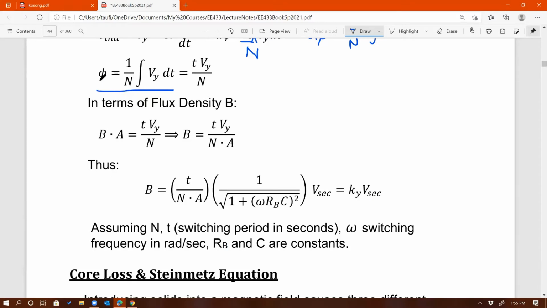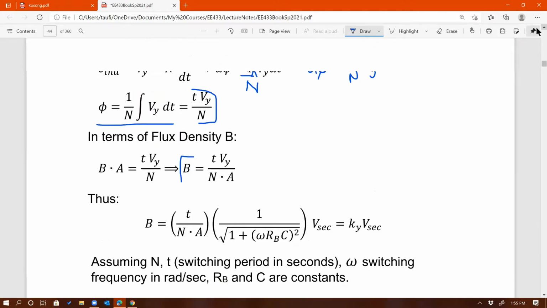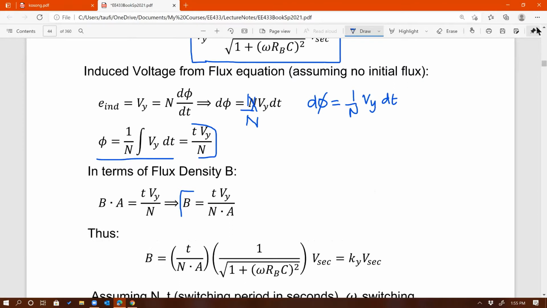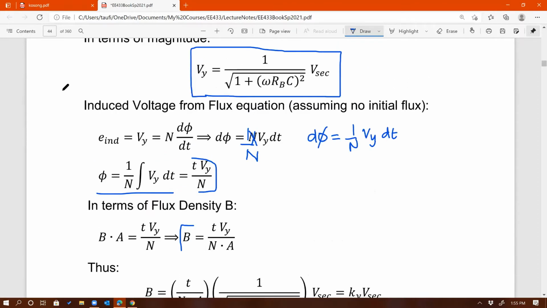So if you want to get flux, you need to multiply flux density by the area of the core. So B times A is equal to the right-hand side of the equation, and now from there I get the equation for B, which is T times Vy over NA. And then I know what Vy is from the magnitude right here. So I just plug that equation into here.